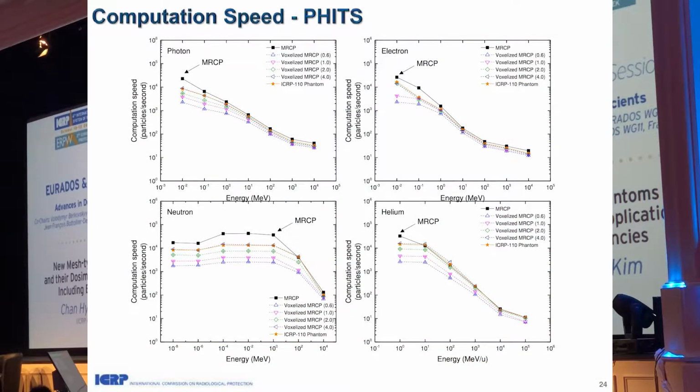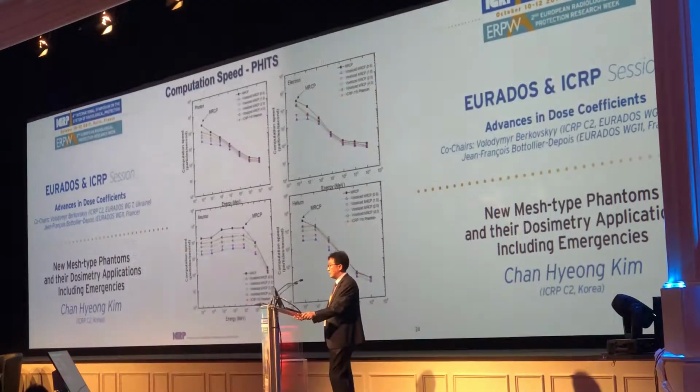This slide compares the computation speed of mesh phantom with voxel phantoms for PHITS code, and here we can see the computation speed of mesh phantom is faster. Mesh phantom is faster than the other voxel phantoms for all particles. It is even faster than the current ICRP reference computational phantoms, which are voxel phantoms with quite low voxel resolution.